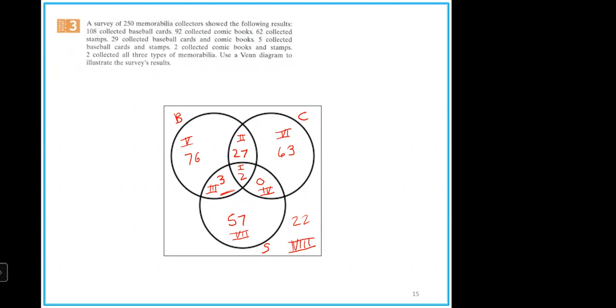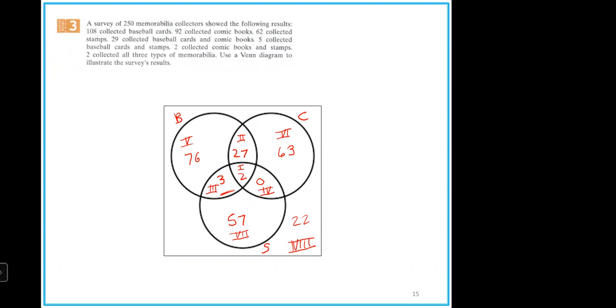Once you finish all the circles, you add up the total amount in all the circles and subtract from the total amount in the survey to find out how many persons did not choose any of the items within the highlighted sets.